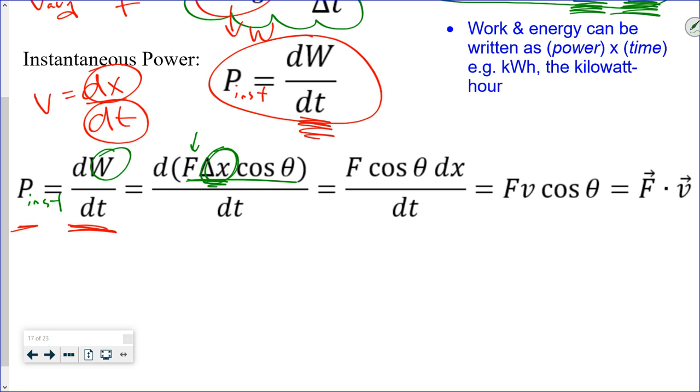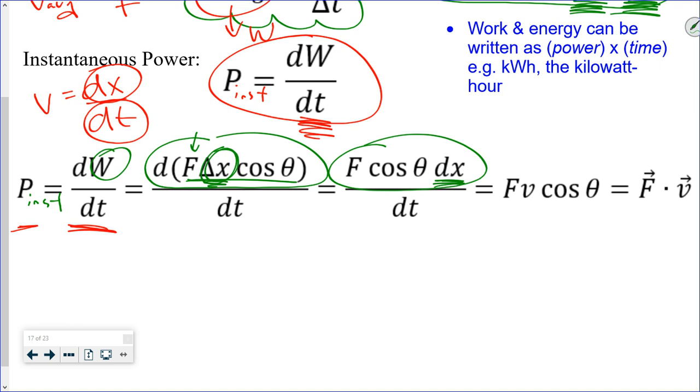So we can rewrite this as F cosine theta dx, because as you move, it's your position that changes. I guess your force is changing too. There's really a lot going on here. But anyway, this works. You'll learn more once you take more calculus.